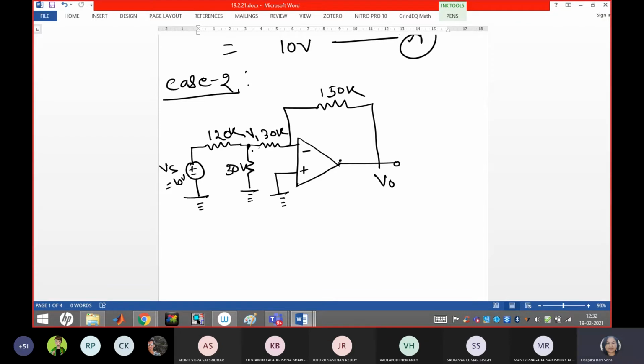It is correct only. As per the question, the circuit is correct. So what is the value of V1 now? Because V1 is the input, no? You have to solve this. V0 equals minus of Rf by R1 whole into how much? V1, right? So what is V1 here?